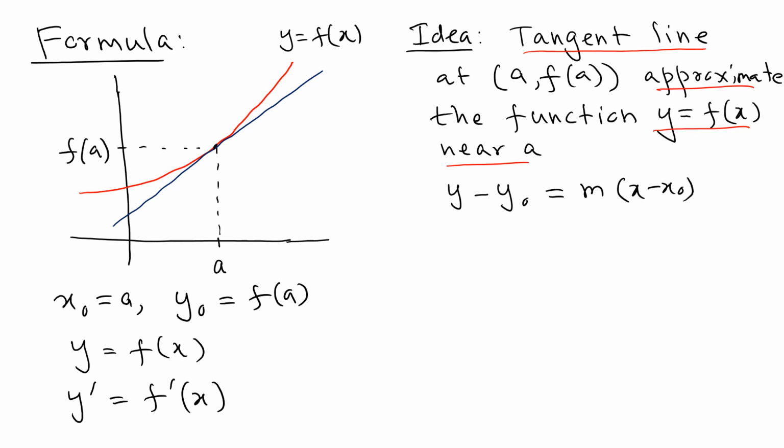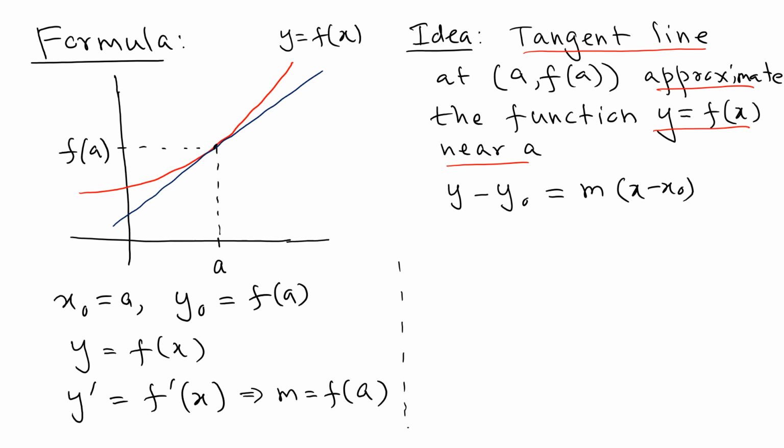And then what we need to do is evaluate this one at a. That means the slope is simply given by m equals f prime of x naught, which in this case is f prime of a. Now we plug this into the equation.